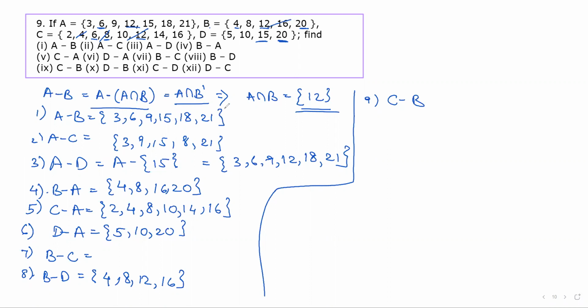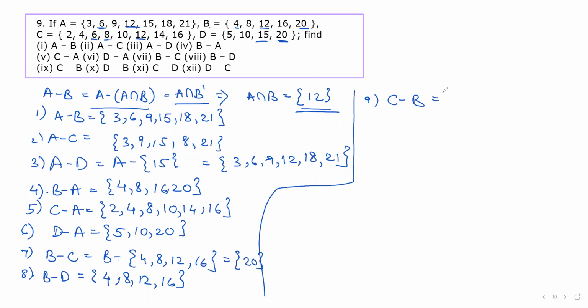Yeah, sorry. 4, 8, 12, and 16 are common. So B minus 4, 8, 12, and 16. All 4 elements are common between B and C. So you're left with only 20.